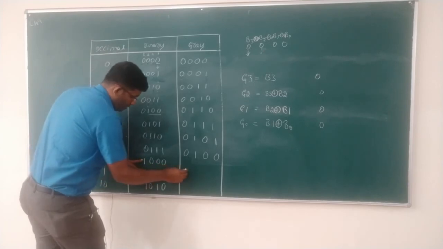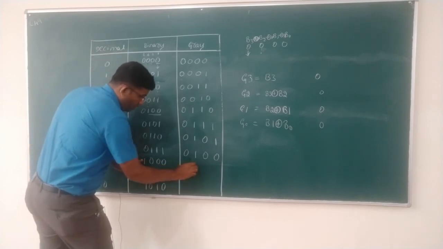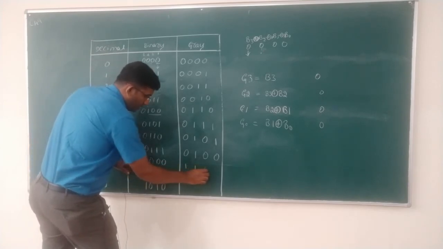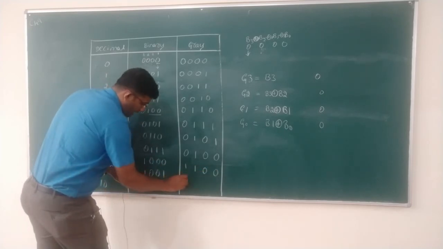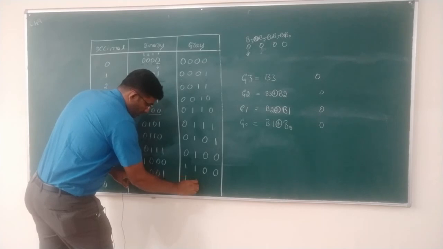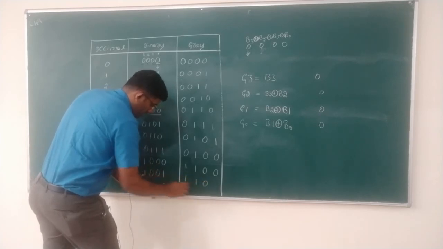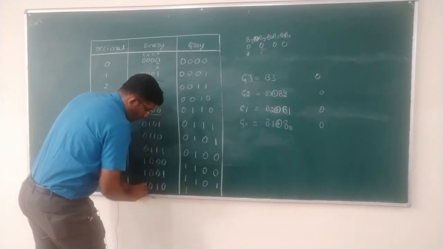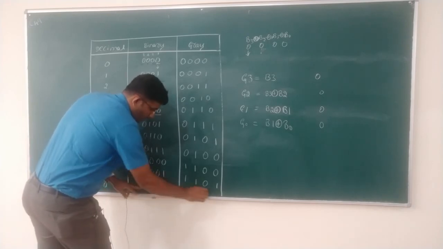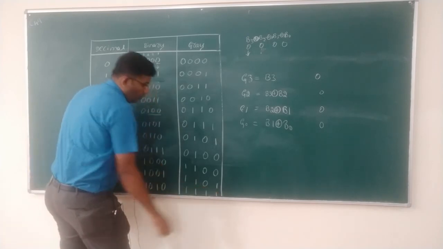Then 1 as it is, 1 plus 0, 1, 0 plus 0, 0 plus 0. Next, 1 as it is, 1 plus 0, 0 plus 0, 0 plus 1. 1 as it is, 1 plus 0, 1, 0 plus 1, 1, 1 plus 0, 1.